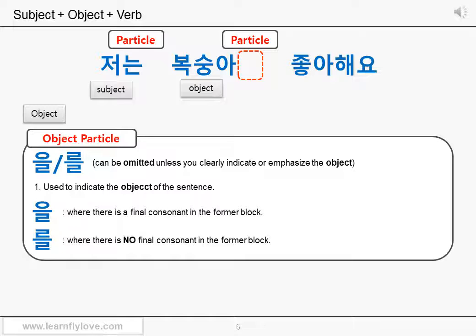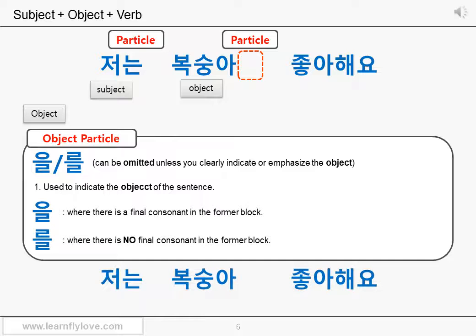So it is one of the case particles which is used to indicate the exact role of the word in the sentence. The 을 sound is used when there is a final consonant in the formal block, and the 를 sound is used where there is no final consonant in the formal block. 복숭아 is the object of the verb like, 좋아해요.